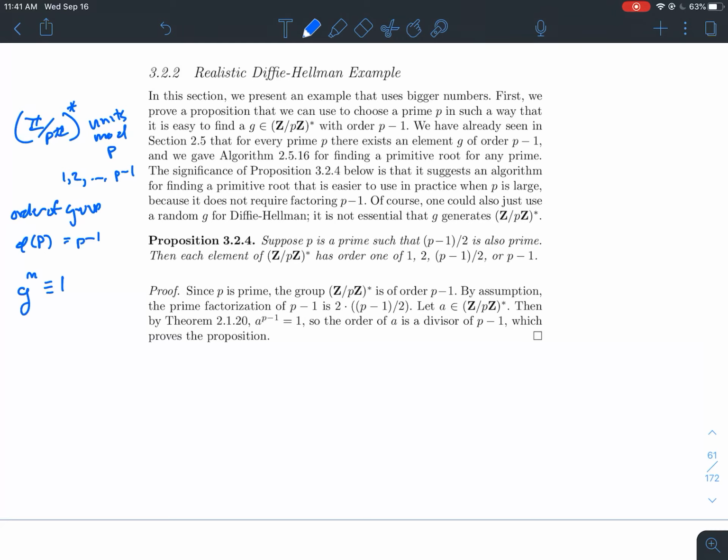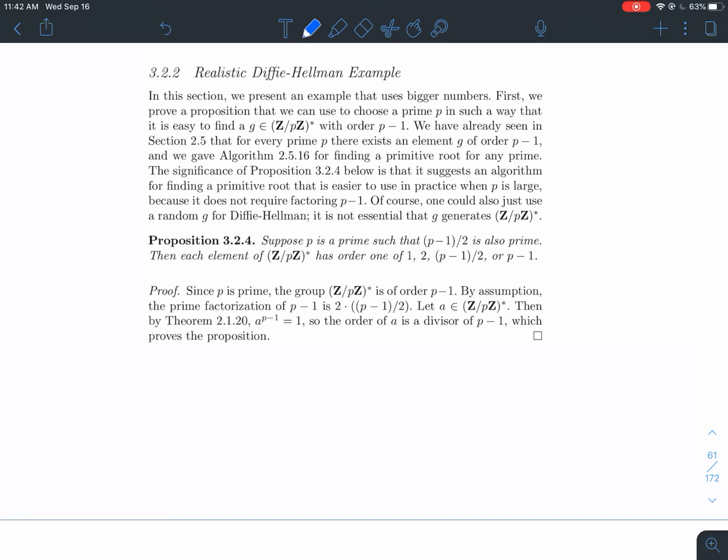And finally, if your smallest exponent happens to just be the order of the whole group, then that meant that that particular element g is a primitive root, is what we called that, or a primitive element, whatever you want to say. So in our case, when p is a prime, if you have an element g whose order is p minus 1, that g is a primitive element. I think that kind of gets up to speed with what some of the other videos have said so far.